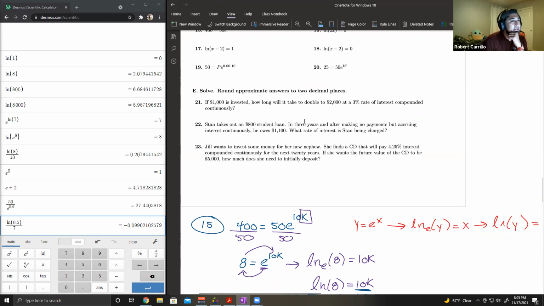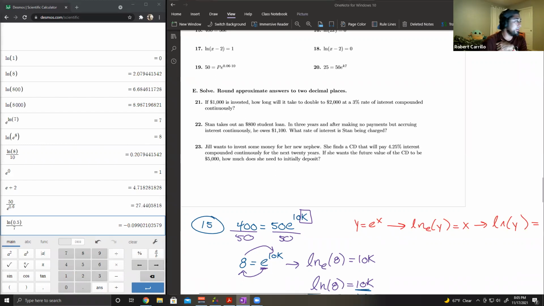All right. Let's see. 21. So solve and round to 2 decimal places. So it says if $1,000 is invested, how long will it take to double to 2,000 at 3% rate of interest compounded continuously?